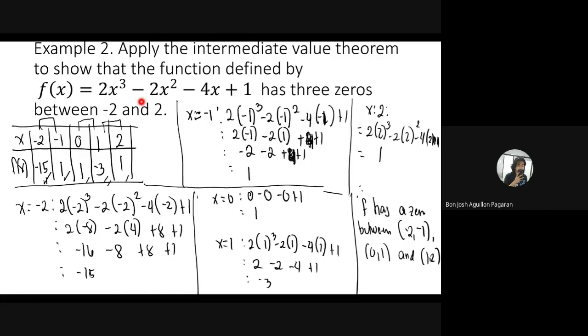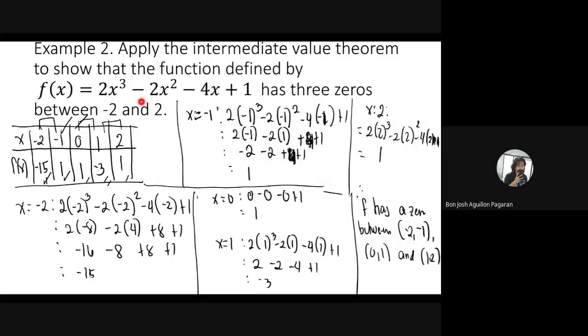Halimbawa, yung nasa negative 1 at 0, dahil pareha siyang negative, then basically, you can't find a zero between negative 1 and 0. Kasi parehas ang sign. Same thing with the values of y are both consecutive na parehas negative.